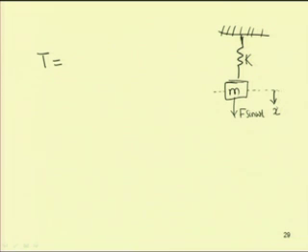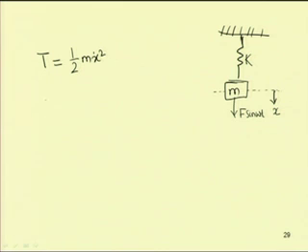The kinetic energy can be written as half m x dot square, where x dot represents the velocity of the mass.